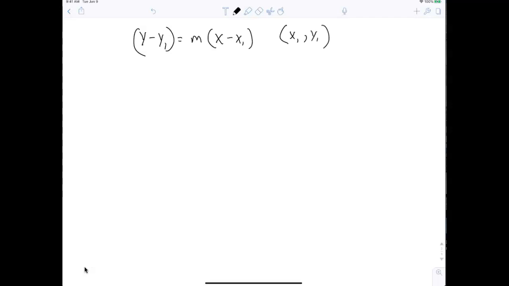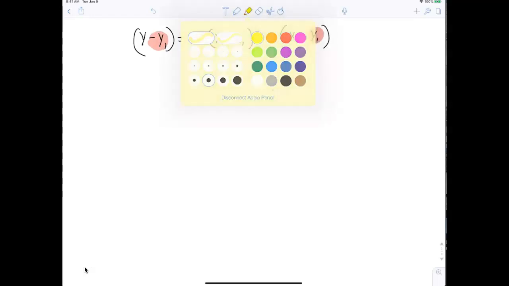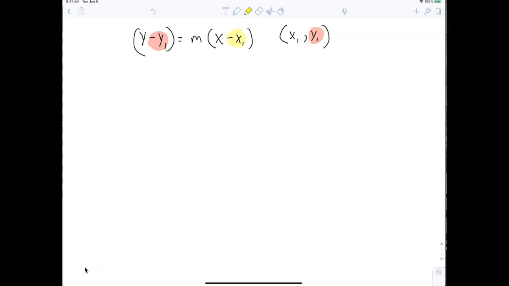And notice what's inside the parentheses and the actual value. Those signs are opposites of each other. That's the equation of a line.